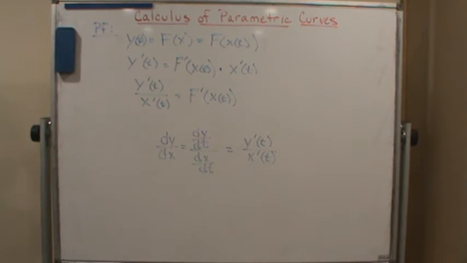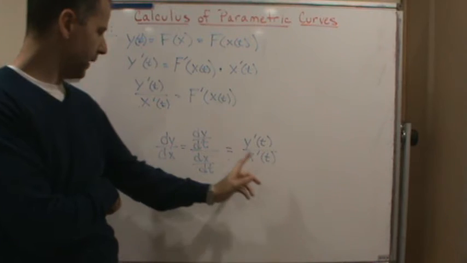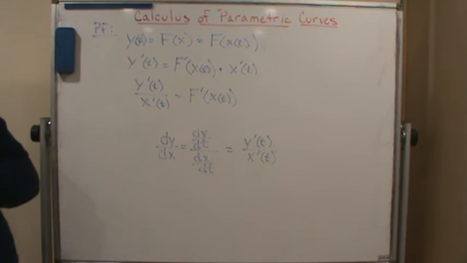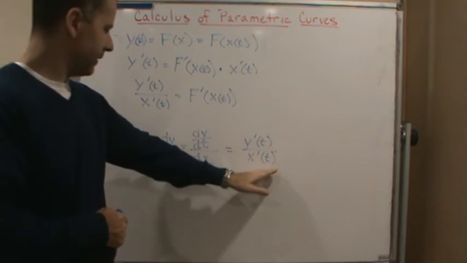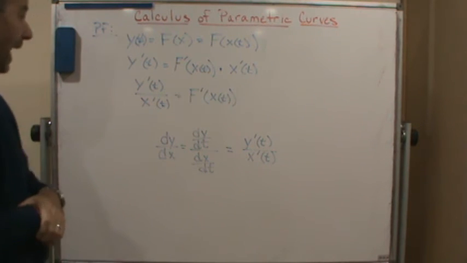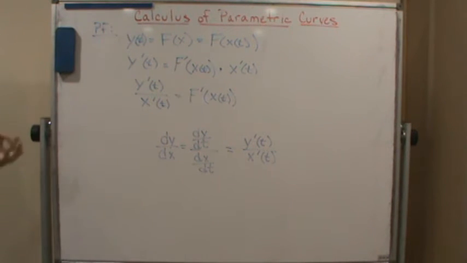So here I've got this piece. Now, can I show that this is equal to this? Well, yes. Because what is F prime of x of t?